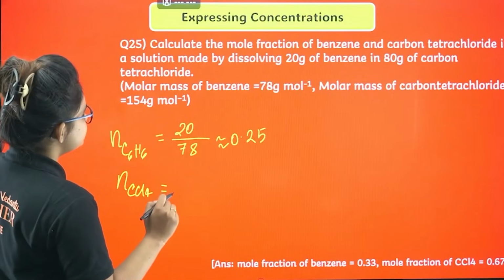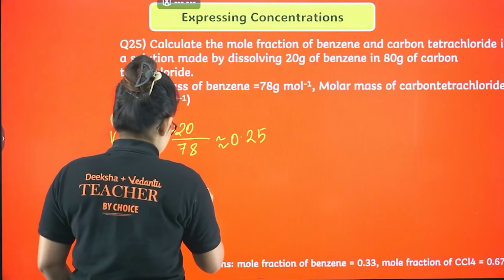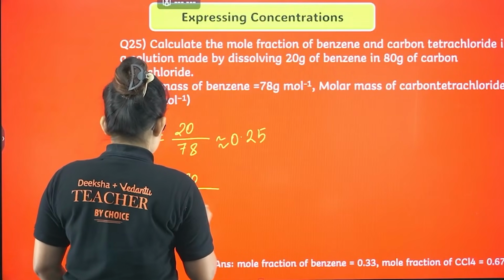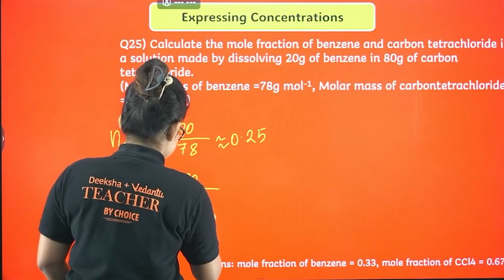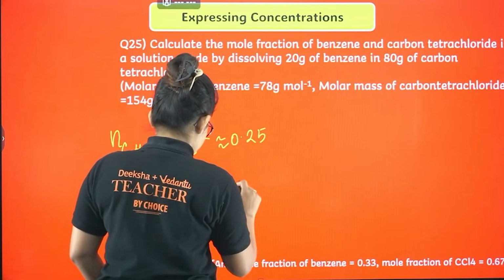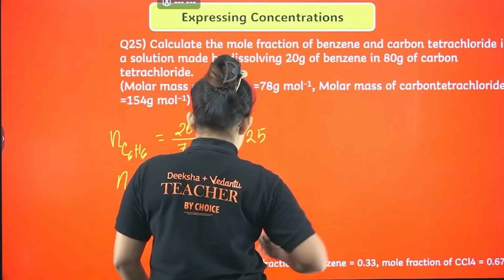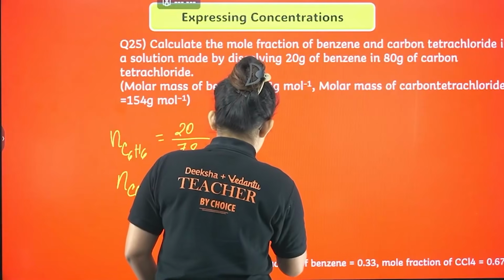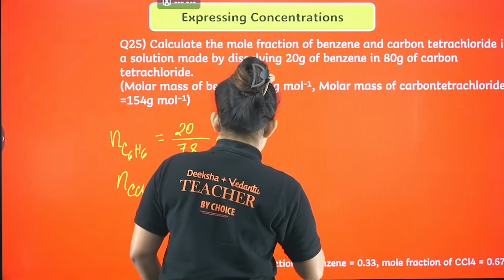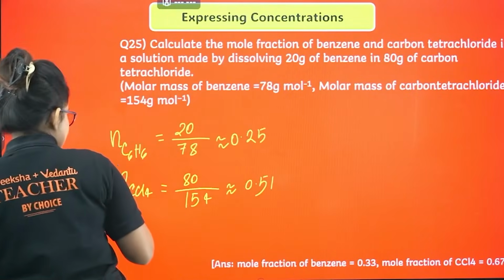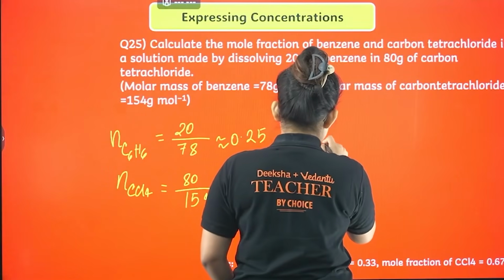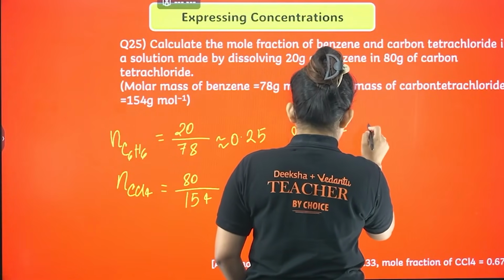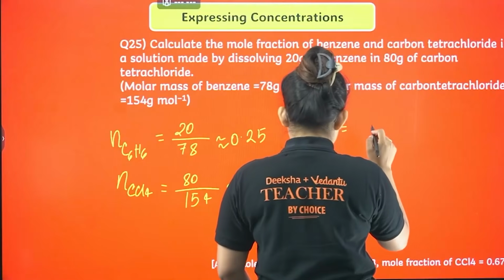Okay, next, number of moles of CCl4. If I calculate this, it should be 80 divided by the molecular weight of CCl4, which is 154. From here what I get is 0.51, I guess. Okay, so now if I calculate the mole fraction of C6H6, how should I do it?